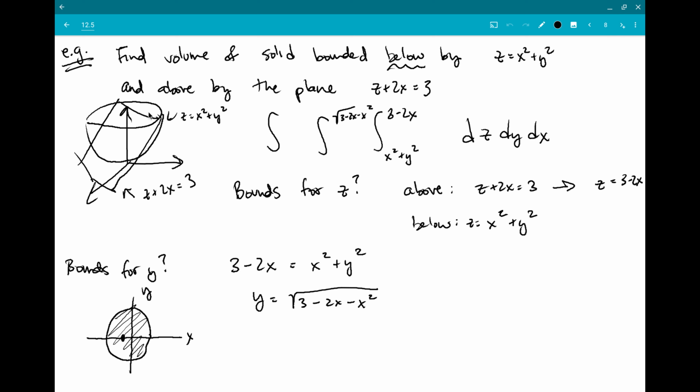We're just finding the volume of this whole solid, not restricted to the first octant. And so it's important to remember that when I take a square root, I have positive or negative branches. The positive branch is the up top part, and the negative branch is the down below part. So my lower bound for y is down here, my upper bound for y is up here.